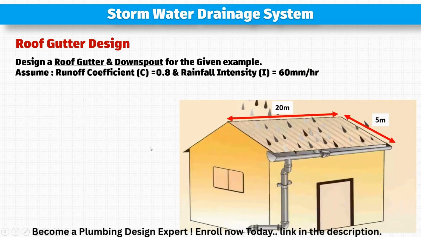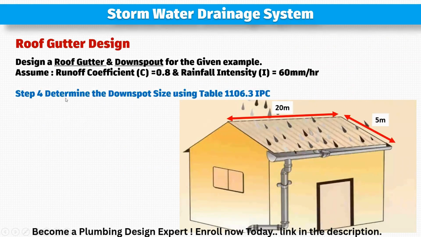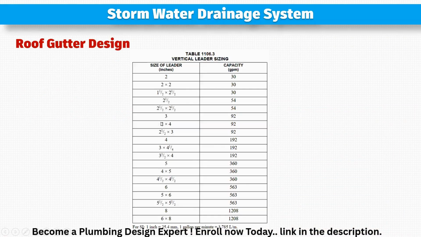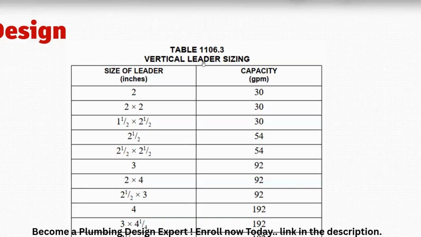Okay, what will be step 4? Step 4, to determine the downspout size, this rainwater downpipe, using table 1106.3 of the IPC. Okay, so based on this table, we get the size for 21.3 as 2 inches. Where is that table? Table 1106.3, vertical leader sizing.